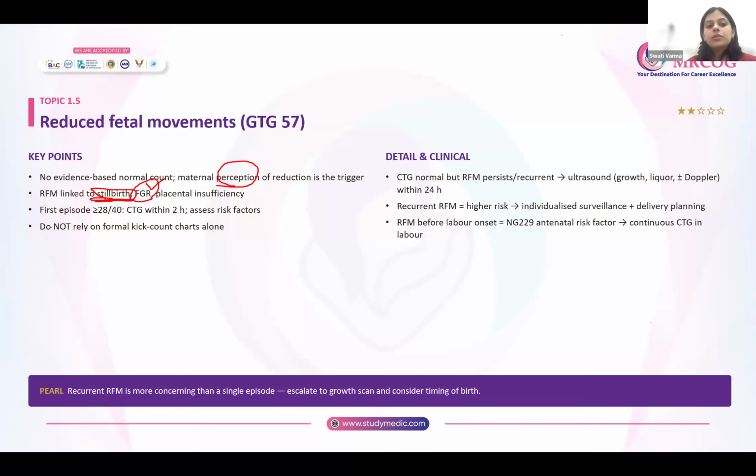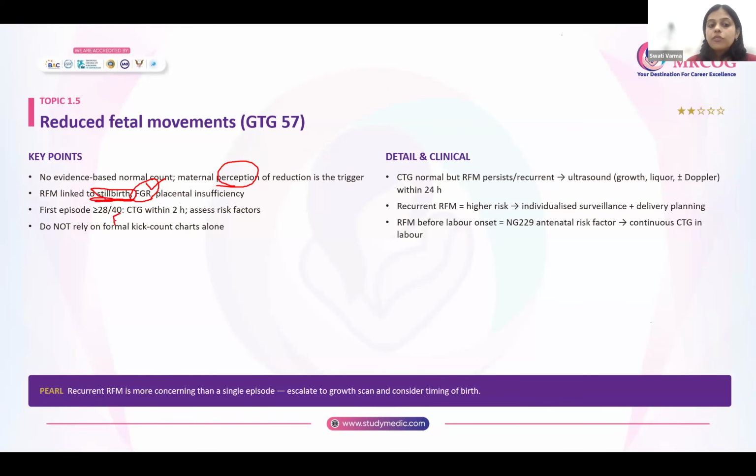First episode, at 28 weeks or more. Suppose she reports to you with reduced fetal movements anytime after 28 weeks, then the first thing you have to do is check whether a facility for handheld Doppler, meaning fetal heart auscultation through handheld Doppler, is available.